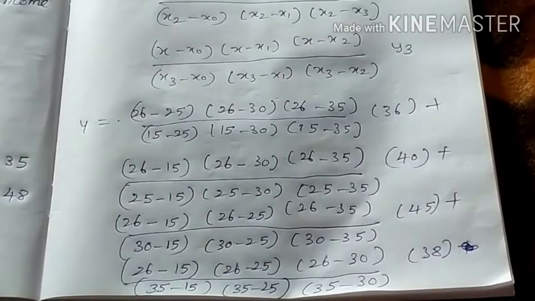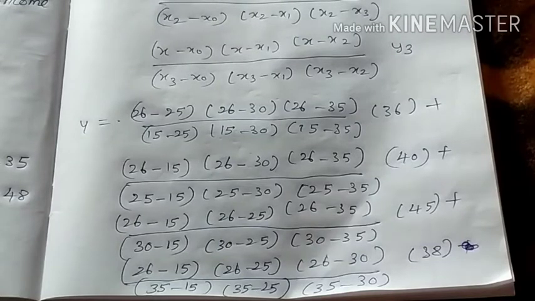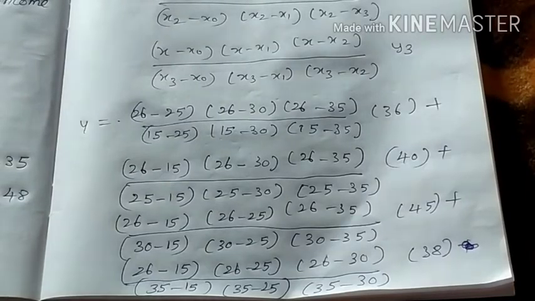Then the second line is 26 minus 15, 26 minus 30, 26 minus 35, into 40, which is equal to 15,840.